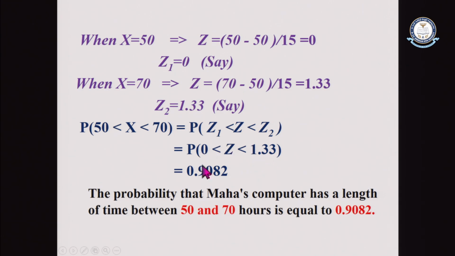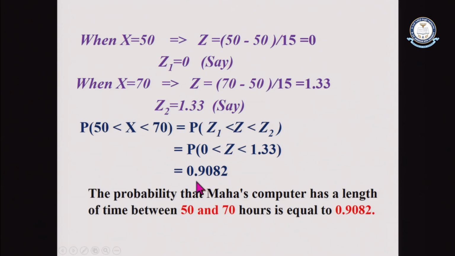The total area under the curve from 0 to 1.33, from the table I already showed, is 0.9082. That should be converted into the probability of Z less than Z1 and Z less than Z2.